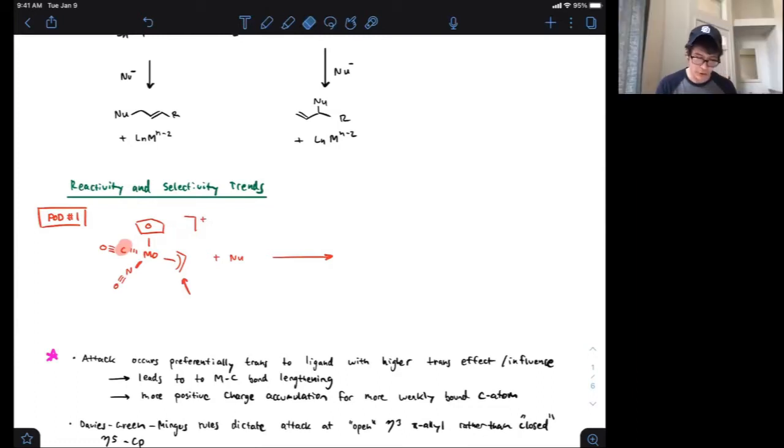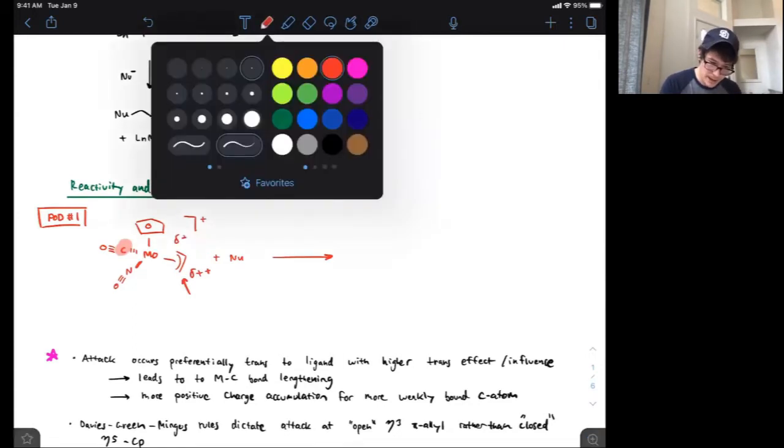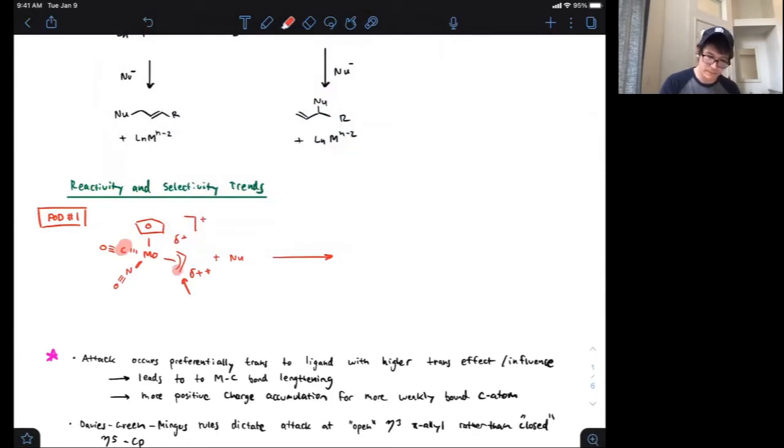Okay, so in general, just to draw attention to this rule below, ligands that have stronger trans influence end up providing more delta plus to the allyl carbon opposite, and thereby favoring nucleophilic attack at that position.